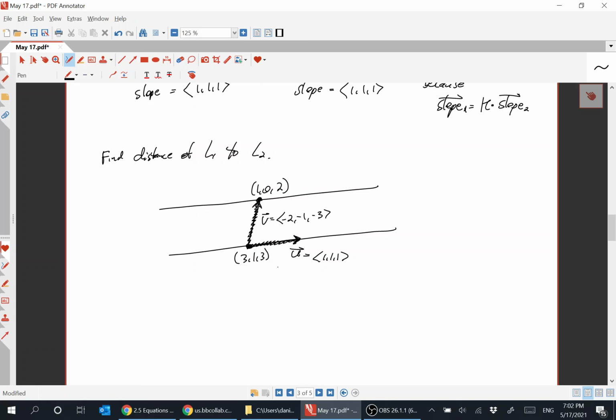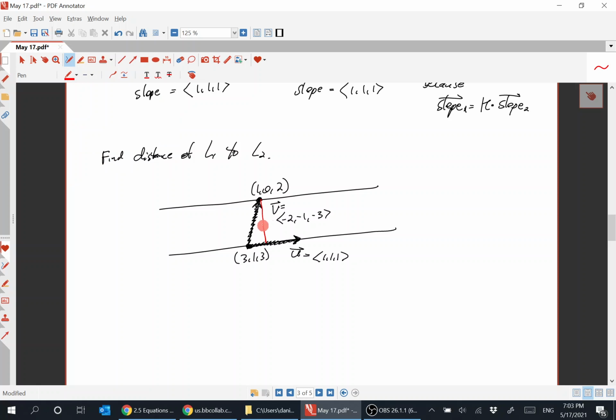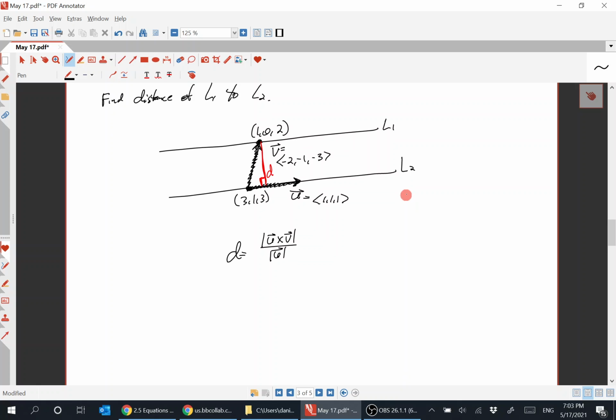Alright, so this distance right here, same as before, that perpendicular distance. So this is line 1, line 2. That distance is the length of U cross V over the length of U. So we have to do that cross product, and then plug it into here.